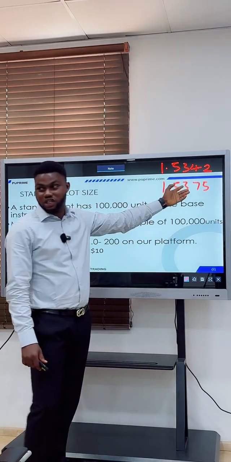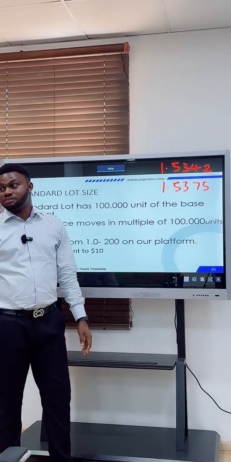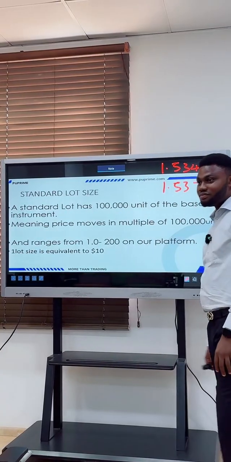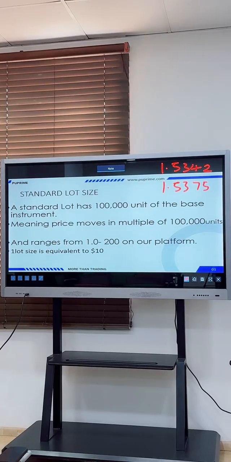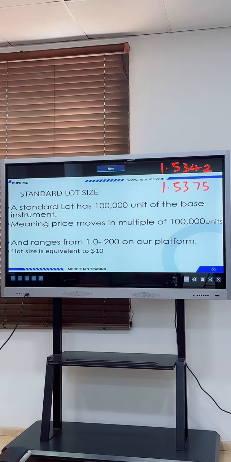Okay, I will use this one to explain. At 1.0 to 200, 1.0 is equivalent to $10. I'm going to explain that now, so just follow me.